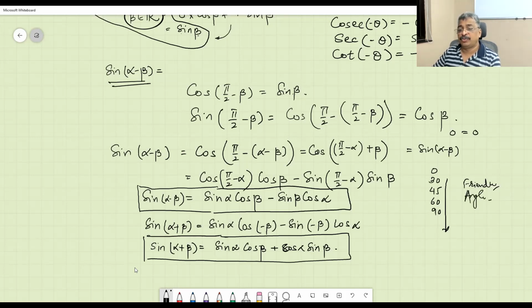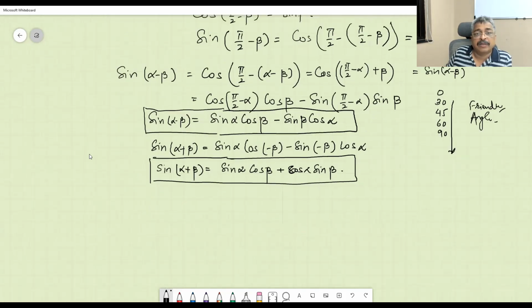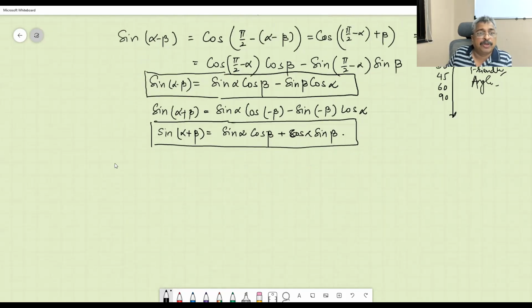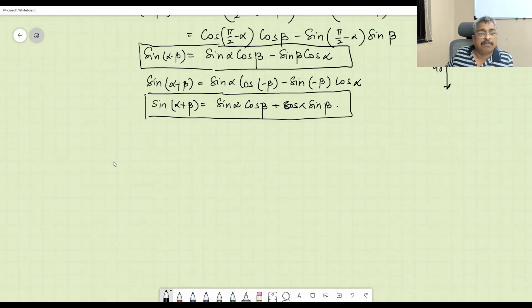Now differences of those two, additions of these two, those are going to be a few more friendly angles, because we know sine and cos of those angles. Therefore, if we have these four formulae with us, we can generate plenty of formulae in no time.